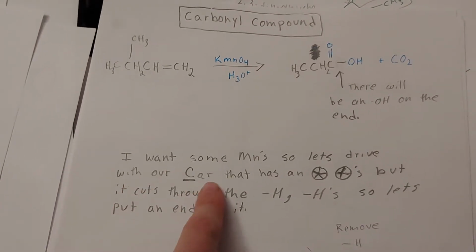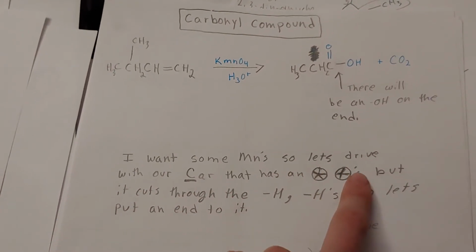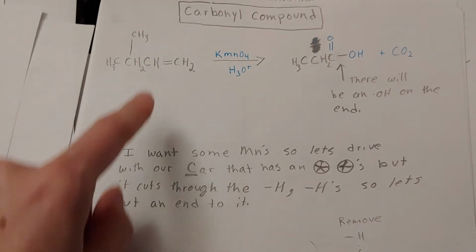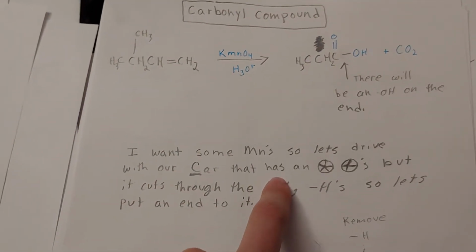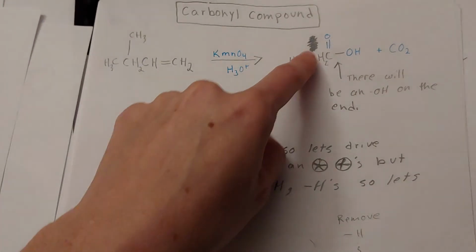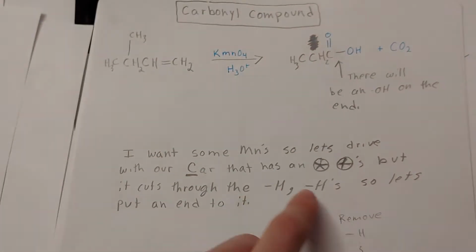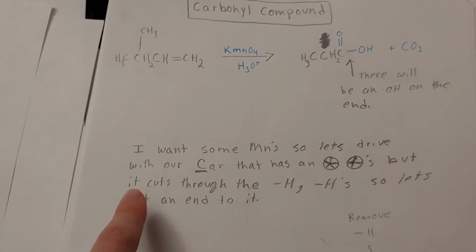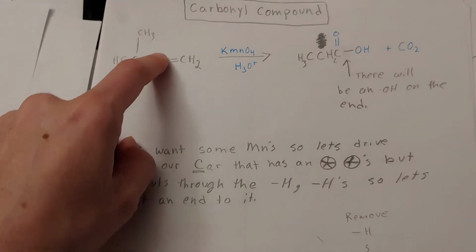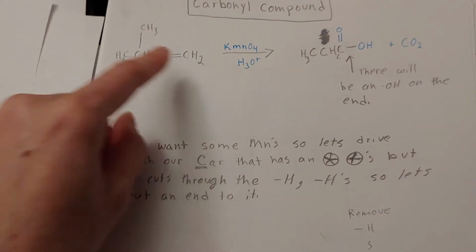So I want some M&Ms. So let's drive with our car, because it's a carbonyl compound that has an O and an O, an O and an O, but it's cut through the H's, because we cut away an H and cut away an H.